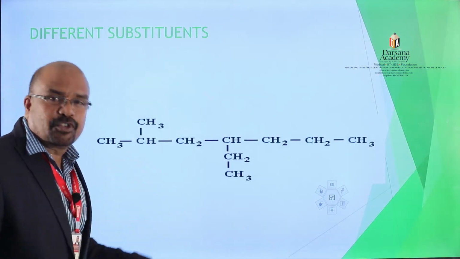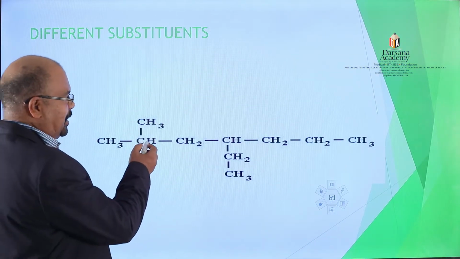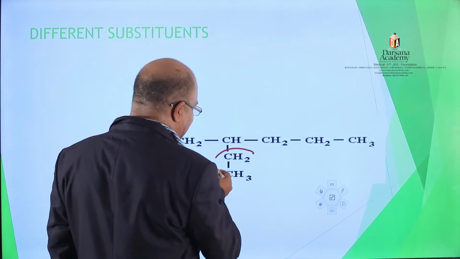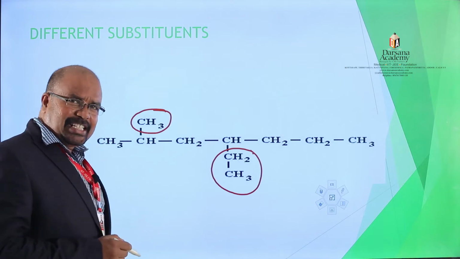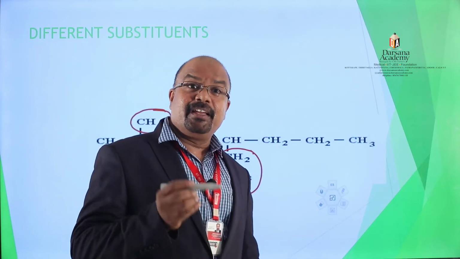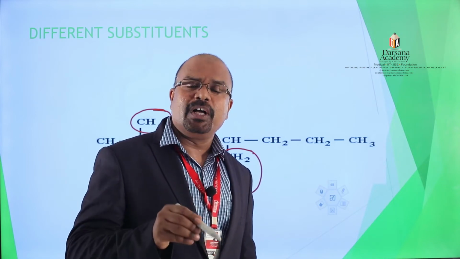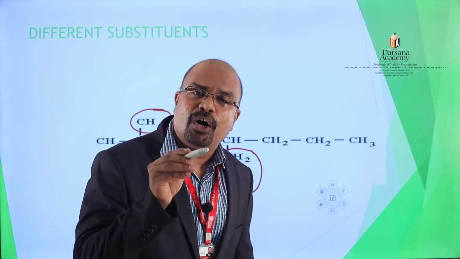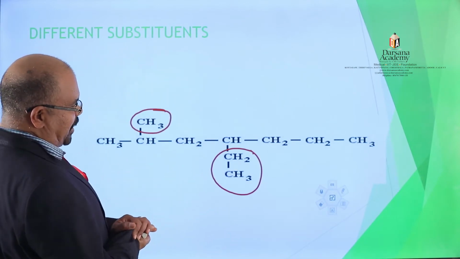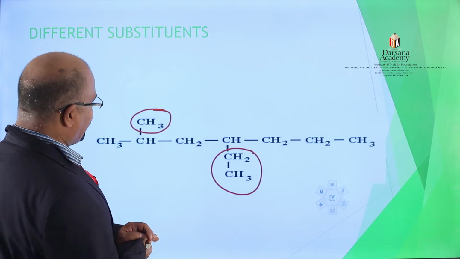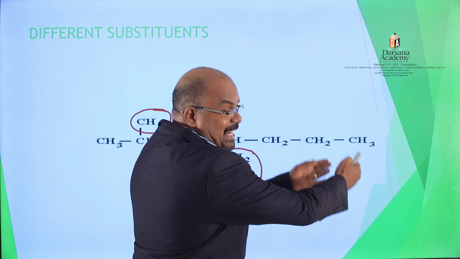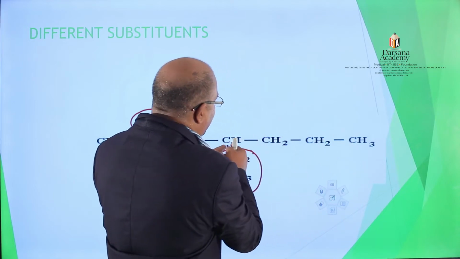Two different substituents: methyl is also a substituent or an alkyl group, and ethyl is also a substituent. If two different substituents come, IUPAC says naming is based on alphabetical order of preference. We can find the parent chain and start numbering. If we start numbering from the right side, 1, 2, 3, 4 will be the numbers.